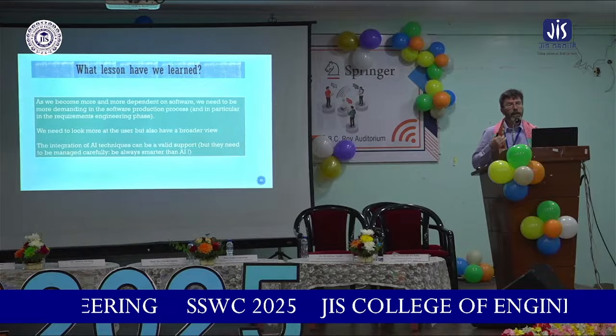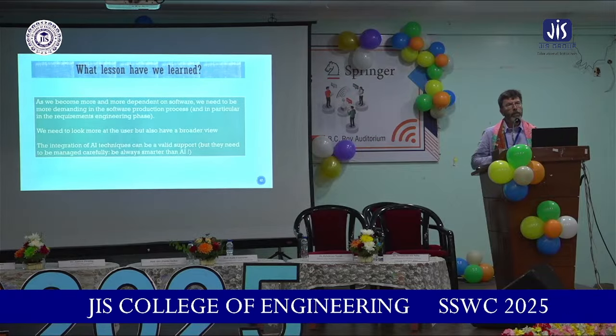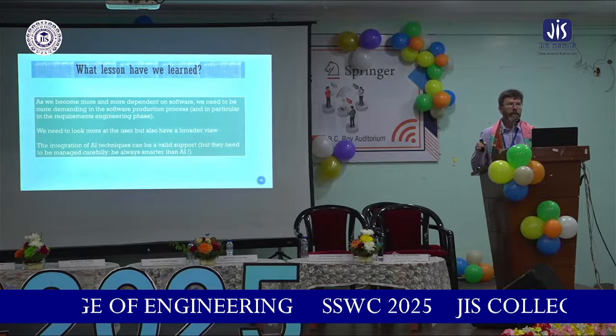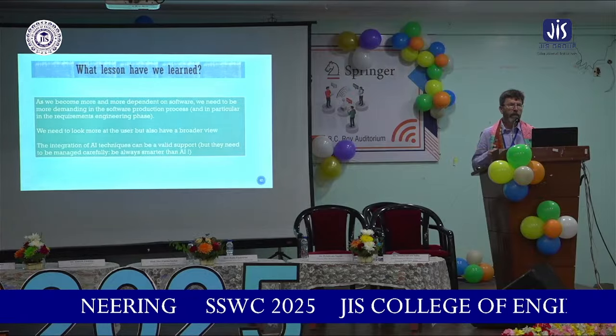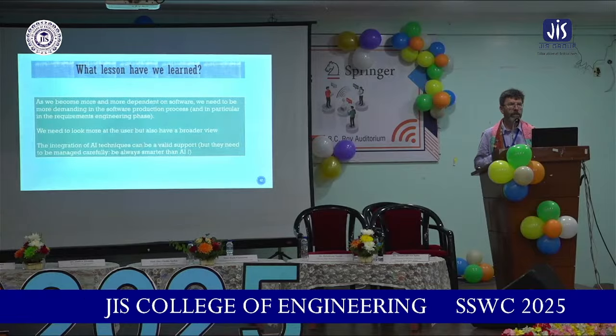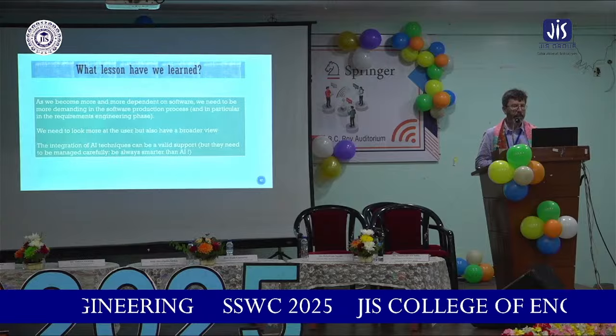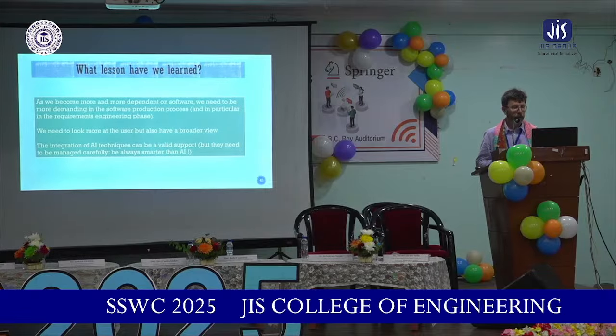It may very well be supported by AI, but we have to remember that AI is always dumber than we are. So we should always be smarter than AI in order to use it in a proper way.